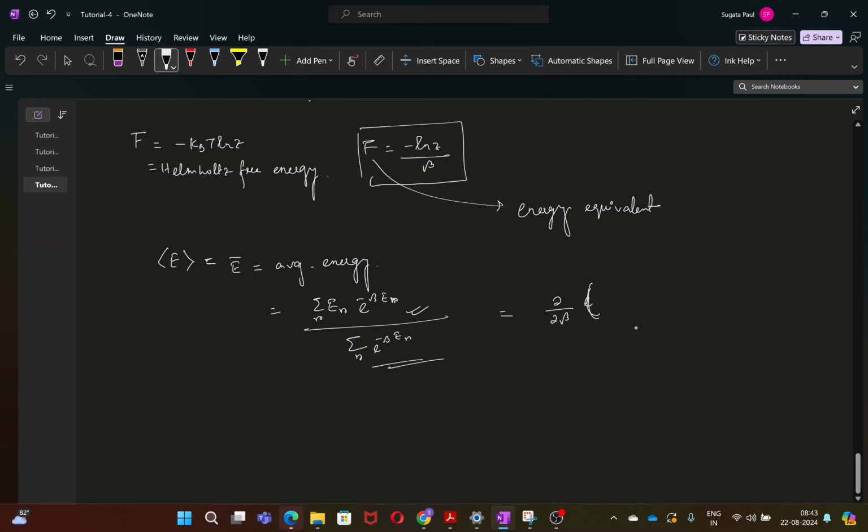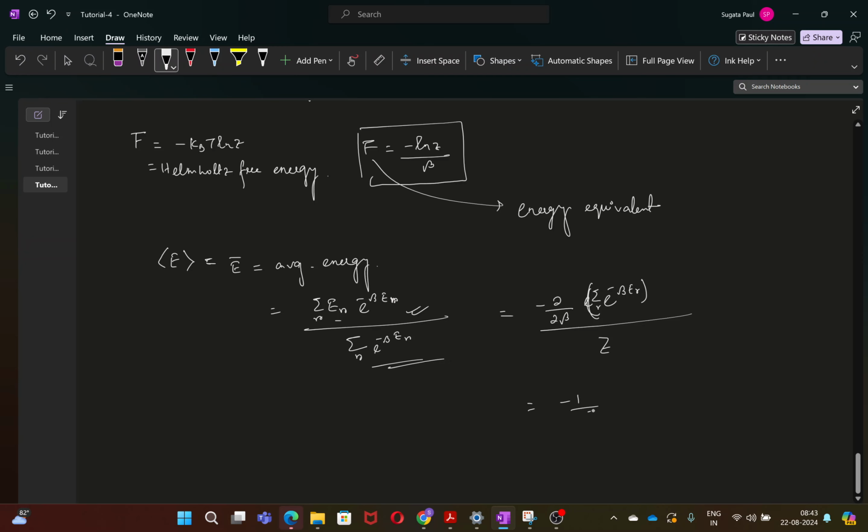So if you have to get a term like this, then you have to take a derivative with respect to beta, and there will be a minus sign. To compensate for that, we also take a minus sign in the front. So this is minus del beta of e to the power of minus beta ER, with a summation over R also, and this is divided by Z, because this is the partition function.